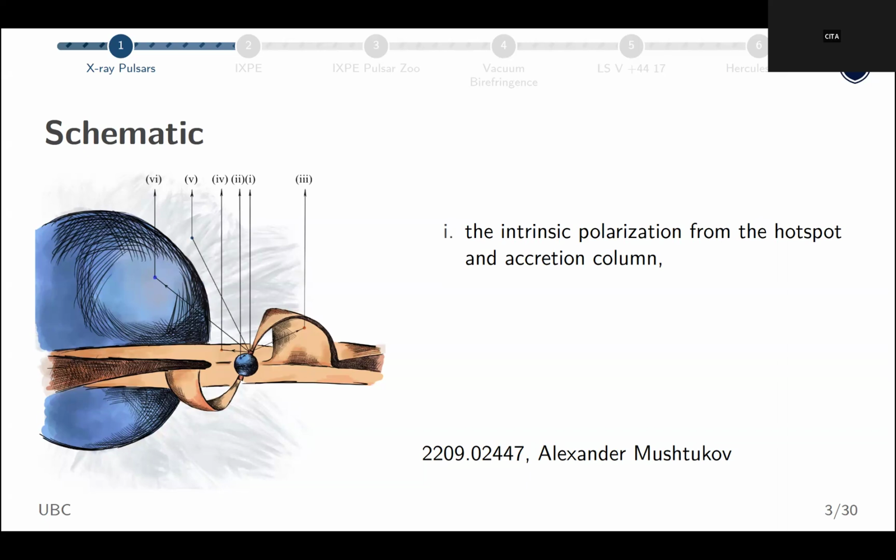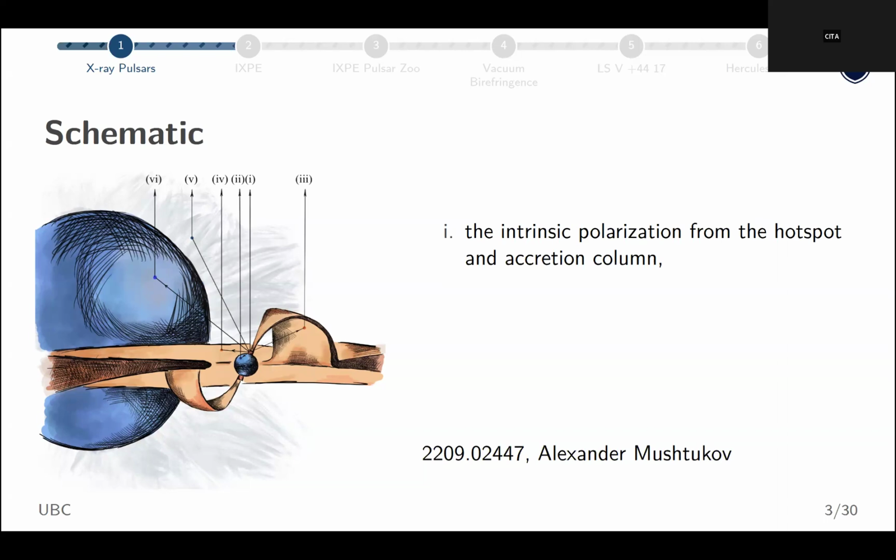You can see this is just 1, and I think it goes up to 6. One key thing with these objects is that this isn't drawn to scale, but typically the end of the accretion disk gets disrupted by the magnetic field of the neutron star, because these neutron stars are young.